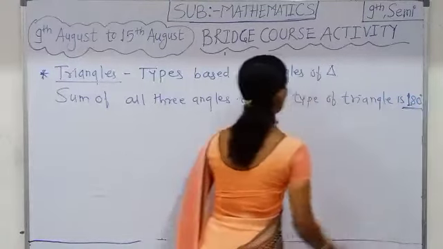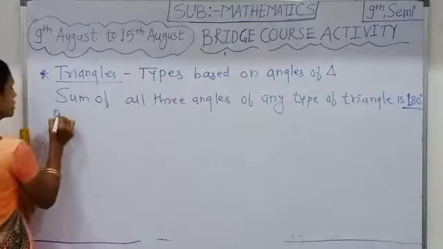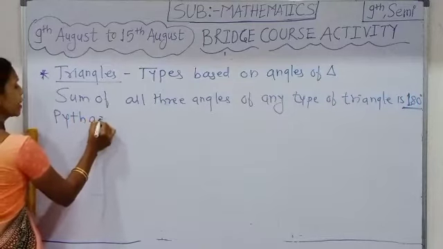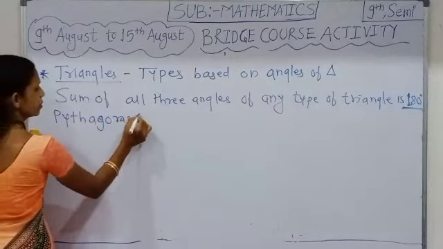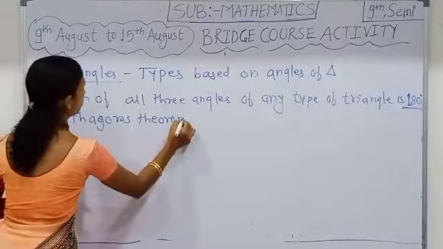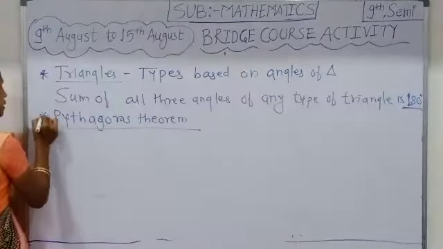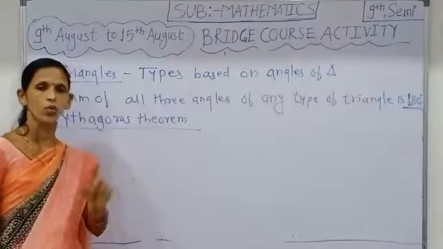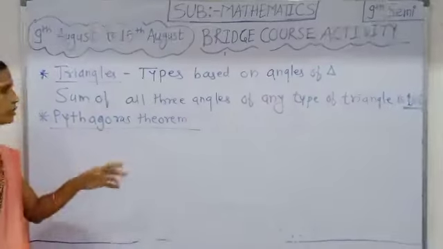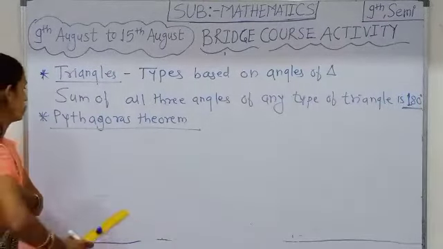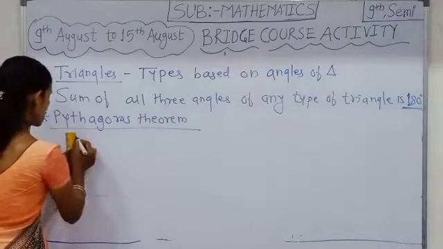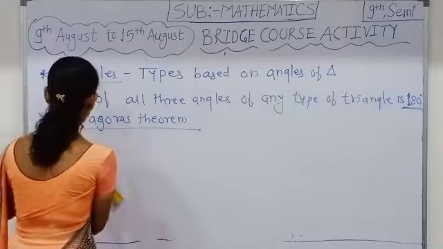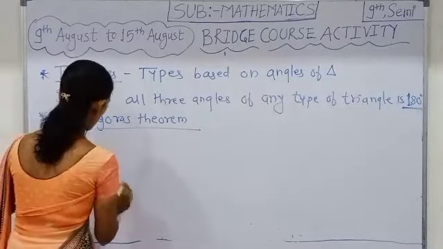Then we have to discuss the property of the right angled triangle, that is the Pythagoras theorem. That property is only applicable to the right angled triangle. Therefore, first of all, we have to discuss a few basic things related to the right angled triangle.